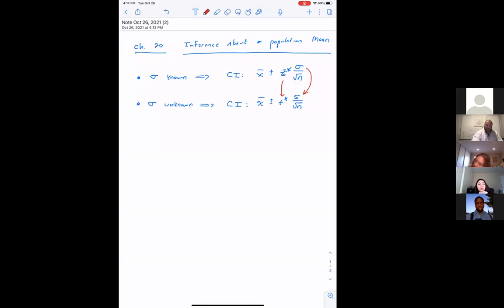So these are the two confidence intervals that we have so far. We have the one where we know sigma, and therefore we use z star and sigma. Can you write in the formula to find this? Oh, well, s equals the square root of the sum of the (xi minus x bar) squared over n minus 1.